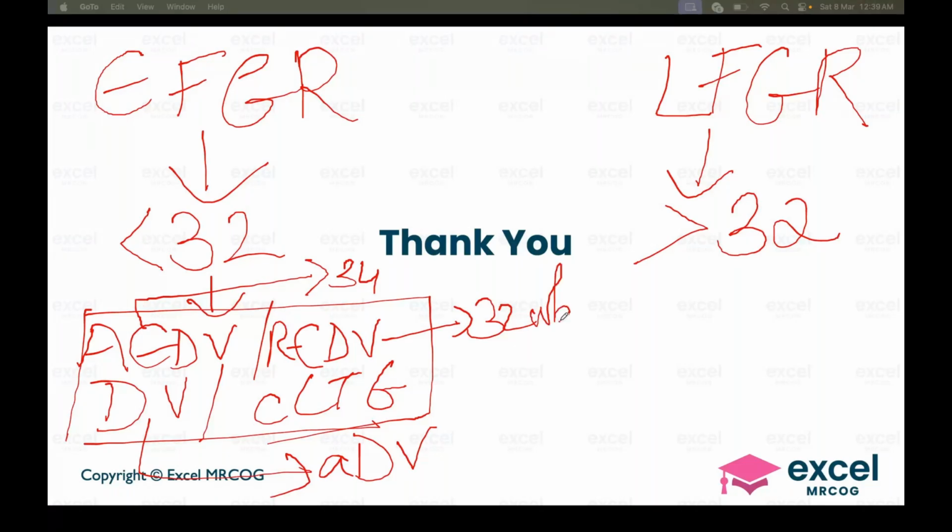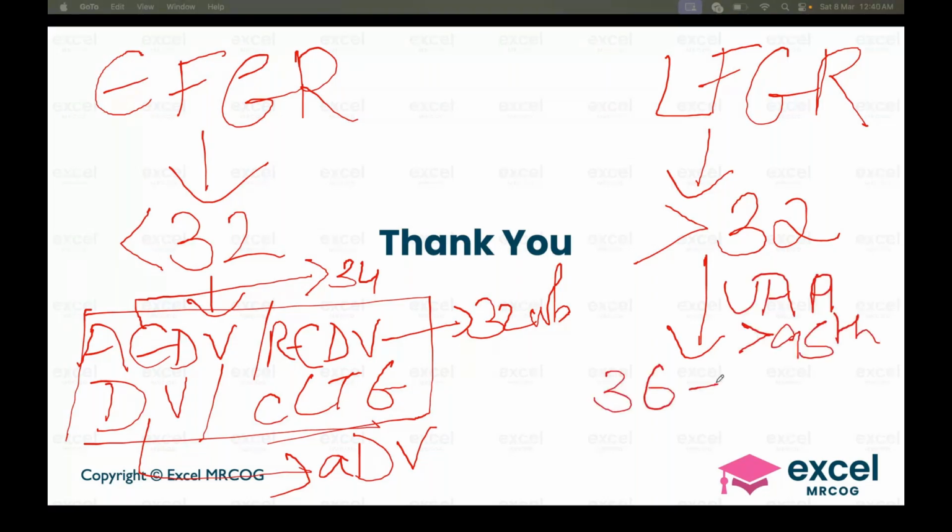If it is more than 32 weeks, if you monitor umbilical artery PI is more than 95th centile, deliver by 36.6 weeks. If you monitor and it is FGR, that is less than third centile, this is also FGR, but here there is no severe Doppler abnormality.